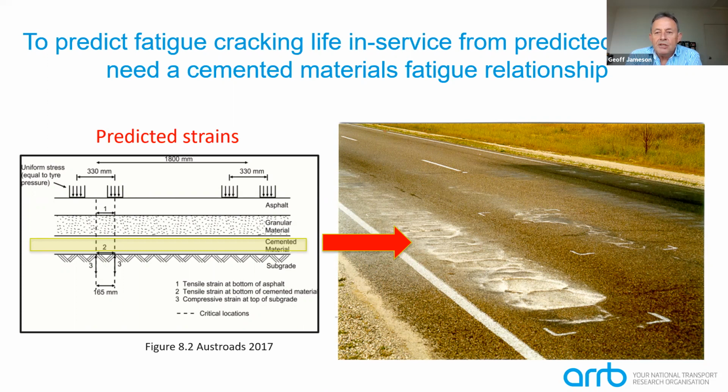But we need a means of translating those predicted strains to the terminal condition of the pavement, when it would need to be rehabilitated because the surface is cracked. And that process of translating the strains to allowable loadings requires a performance relationship, a fatigue relationship for cemented materials.